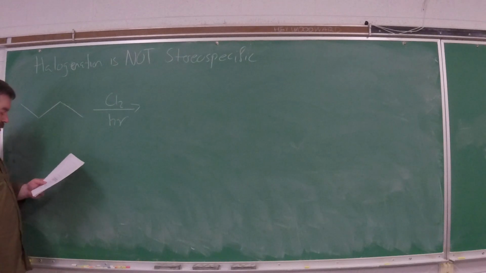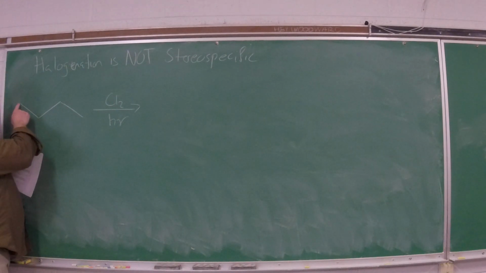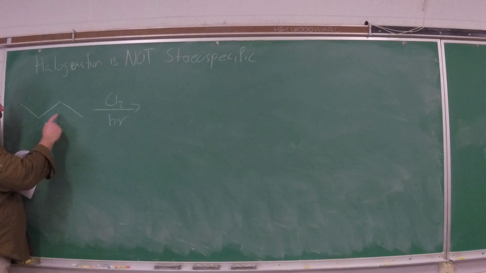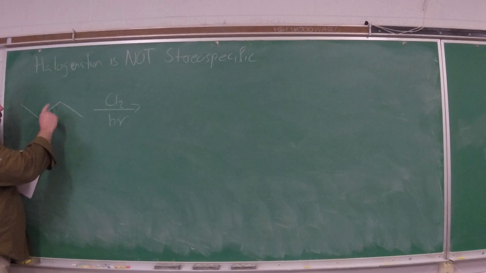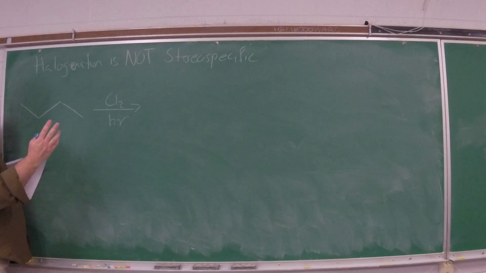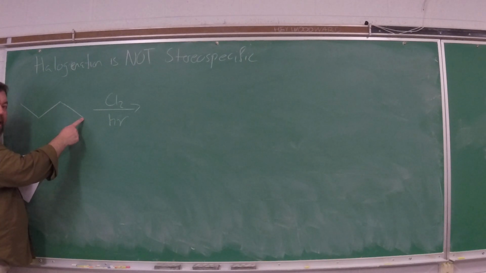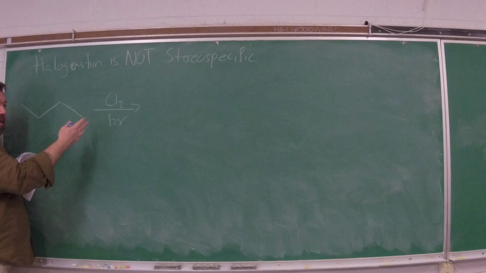Now I guess I'll draw all 3, okay? So here we have primary, secondary, primary, right? But if you do here, that'd be the same as doing it there if you flipped it around. So basically, what are we gonna end up with? We're gonna end up with 3 products, right? If you do it on an end, it won't be chiral.